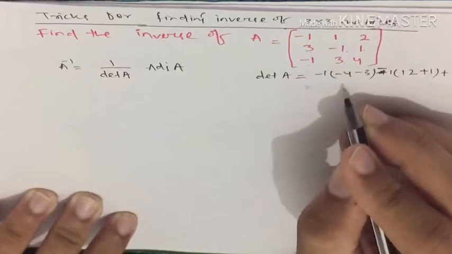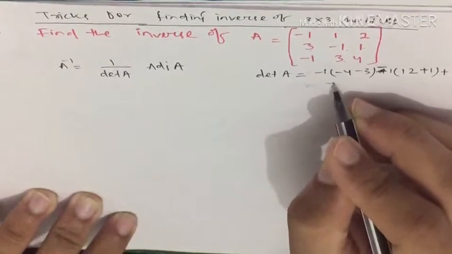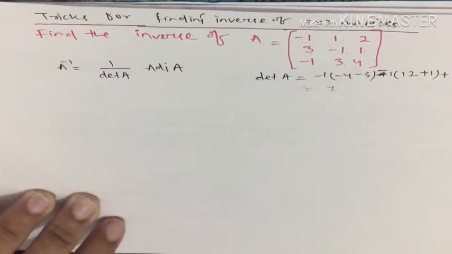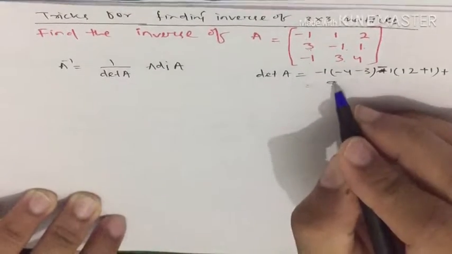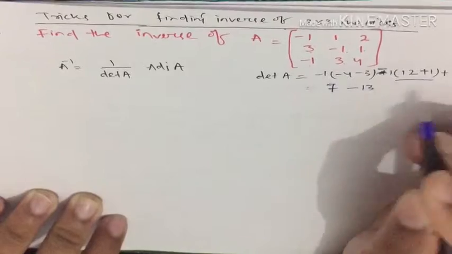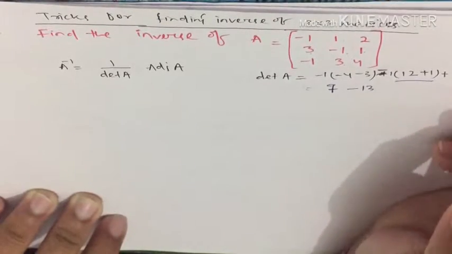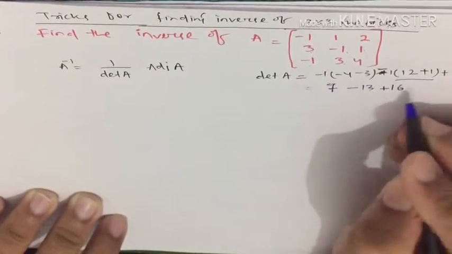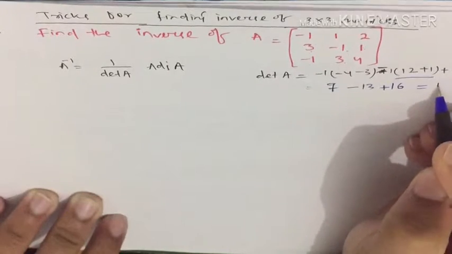So what will be your result here? Plus 7, here plus 7, and here minus 13, and here you will get plus 16, and finally you have got plus 10.